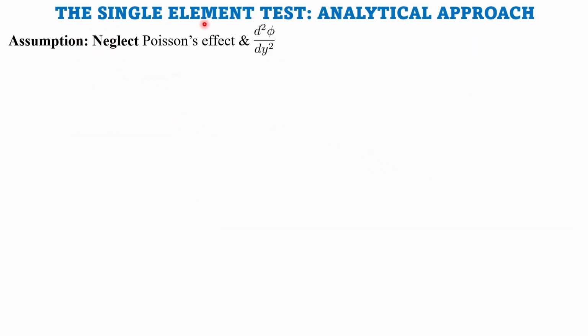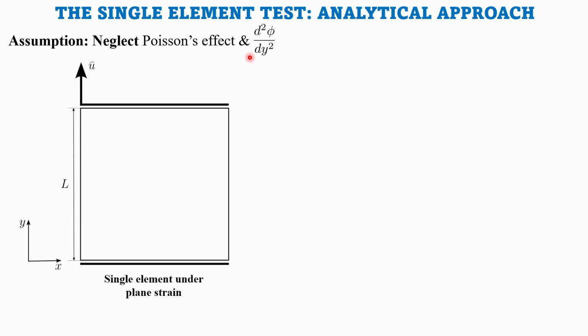We take a single element because, as you know, in every computational verification scenario you always start with a single element, either in tension or in shear, it doesn't matter. Usually we do a single element in tension. This is what we assume: we neglect Poisson's effect and the second order derivative of phi.